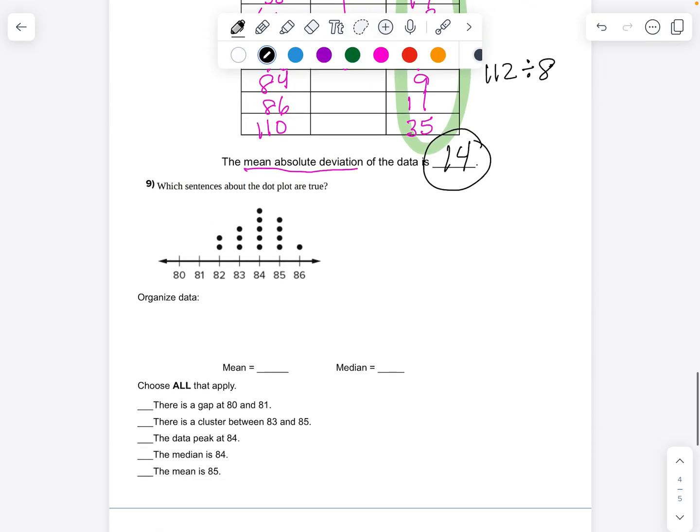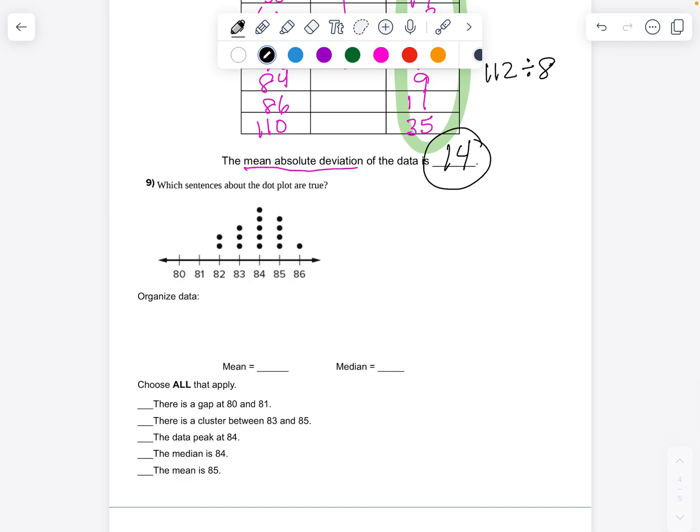On to number 9. Number 9, I'm now given a dot plot, and I had to organize the information, which is basically take the information and list it out so it's easier to work with. And I'm not going to list it all out because my pen is kind of dragging here, but you would list it all out.